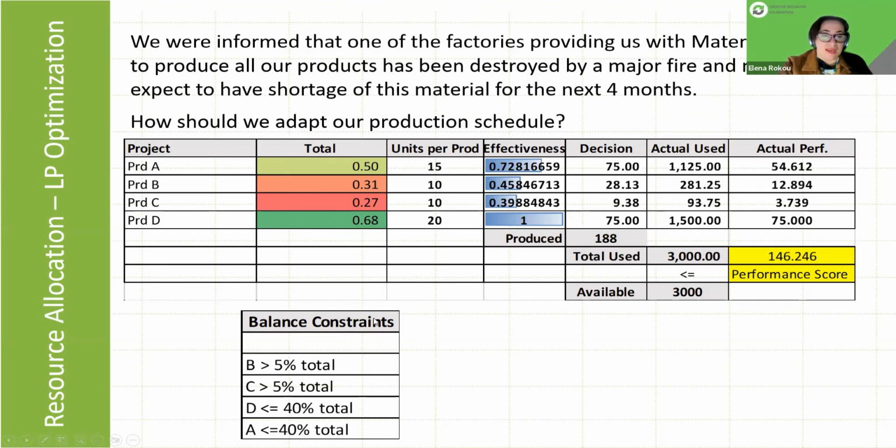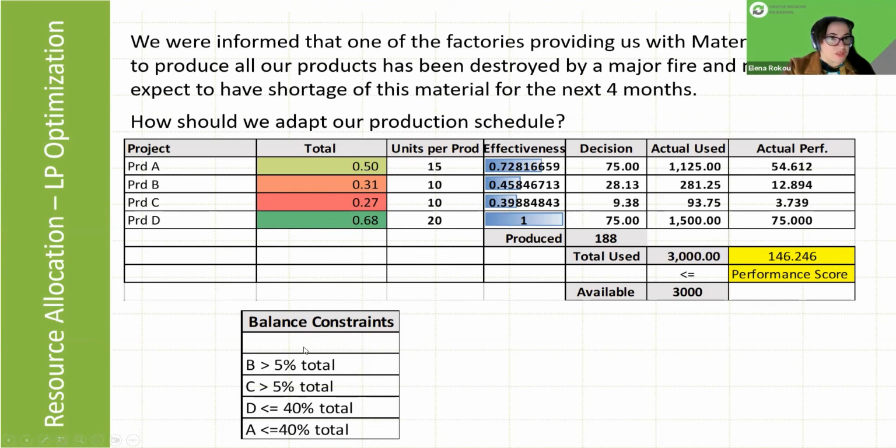Now we also have some balance constraints, because as you realize, everybody likes product D that brings more profit, and product A. We made sure that not everything will be product D and product A, by setting up two constraints that say you cannot produce more than 40% of your total production as product D, and you cannot go above 40% for product A either.